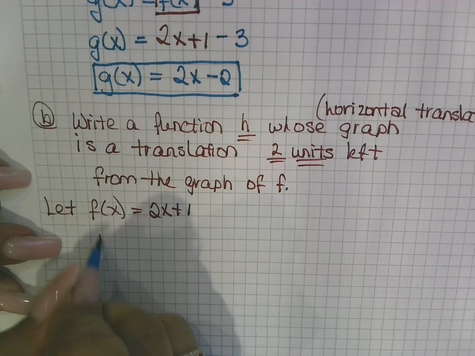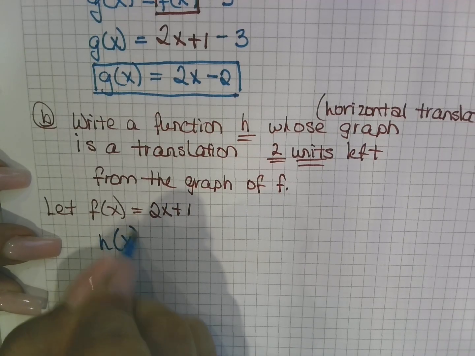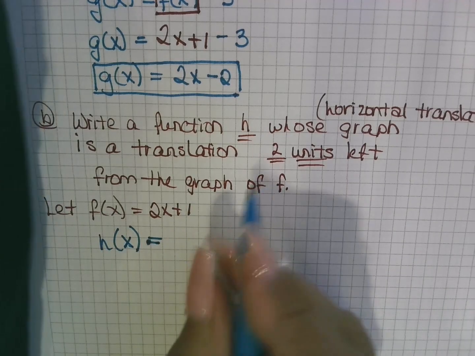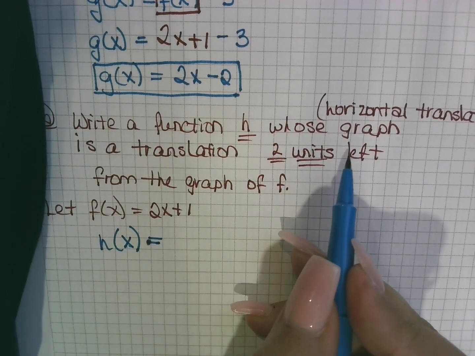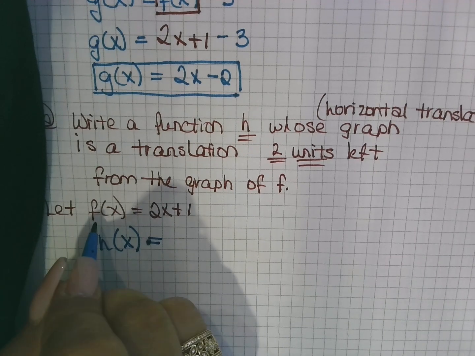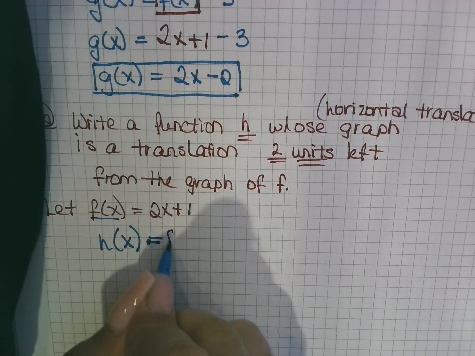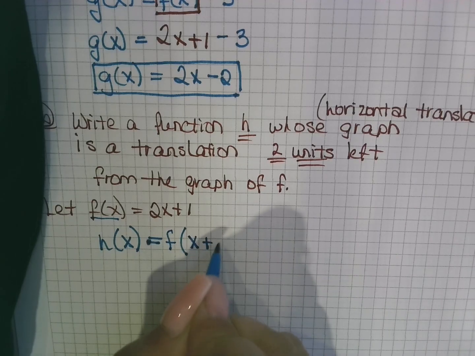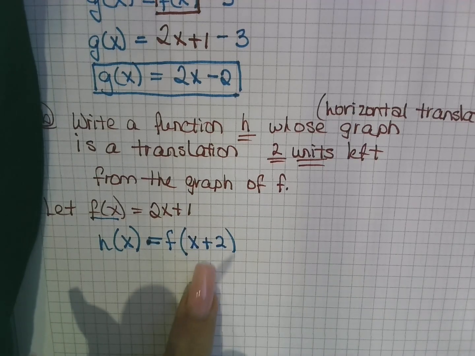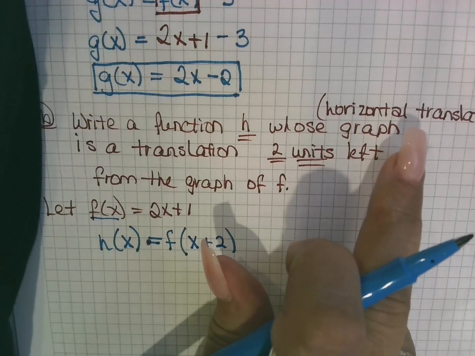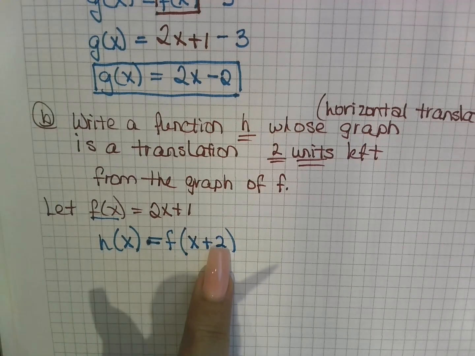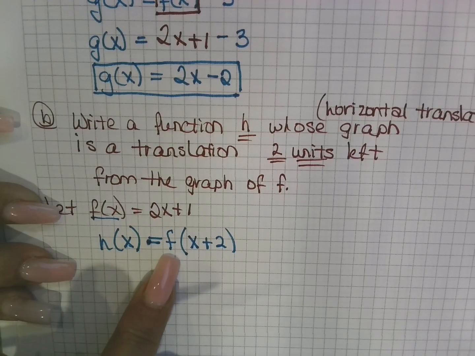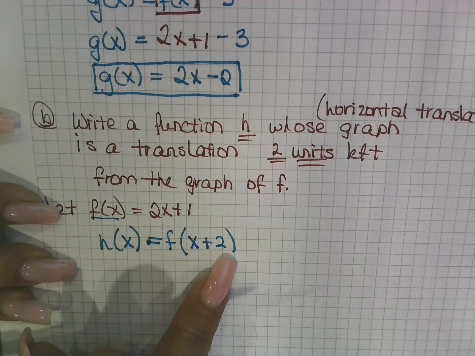So I want an h of x that equals, we want it to be 2 units left. So I'm going to look at f of x, and I'm going to write this as f of, remember, x plus 2 takes it to the left. When it's inside the function, when it's horizontal, it's an x plus 2. So my h of x is equal to f of x plus 2.